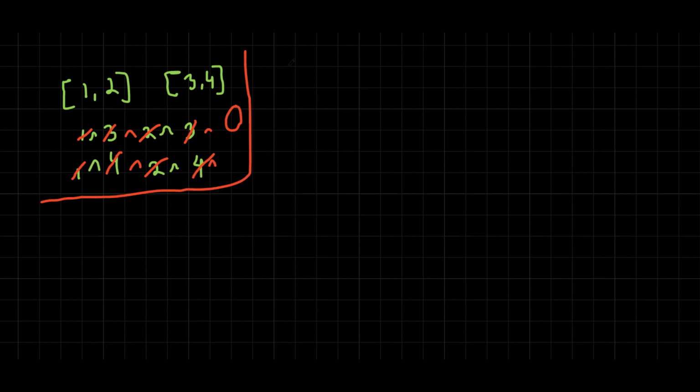Now let's make the length of the first array odd, which is 1, 2, and 3, and the length of the second array is even, which is 4 and 5. Okay. Now the XOR will be 1 XOR 4, 2 XOR 4. It's not 2 XOR 4 actually. It will be 1 XOR 5.